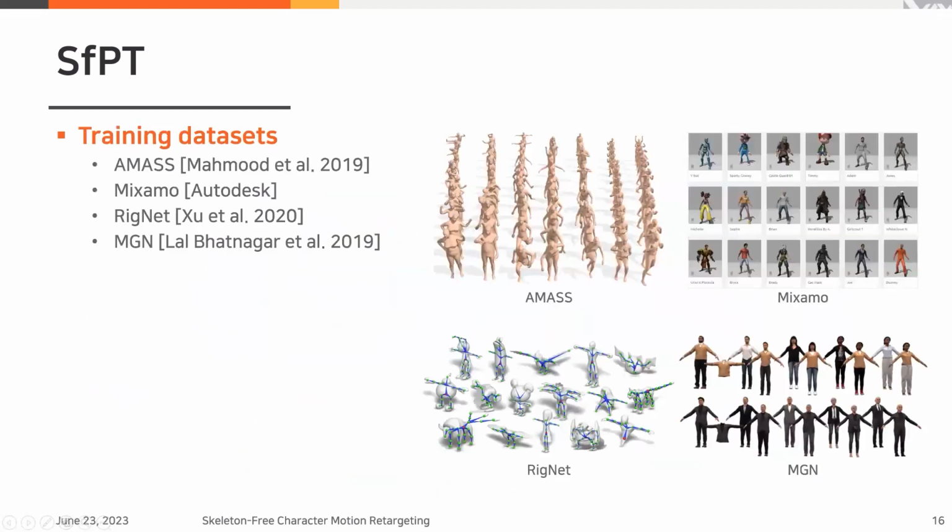They use the training data. Mixamo has the animation data set, right? I'm not sure RigNet has the poses, but AMS and Mixamo have the pose animation.